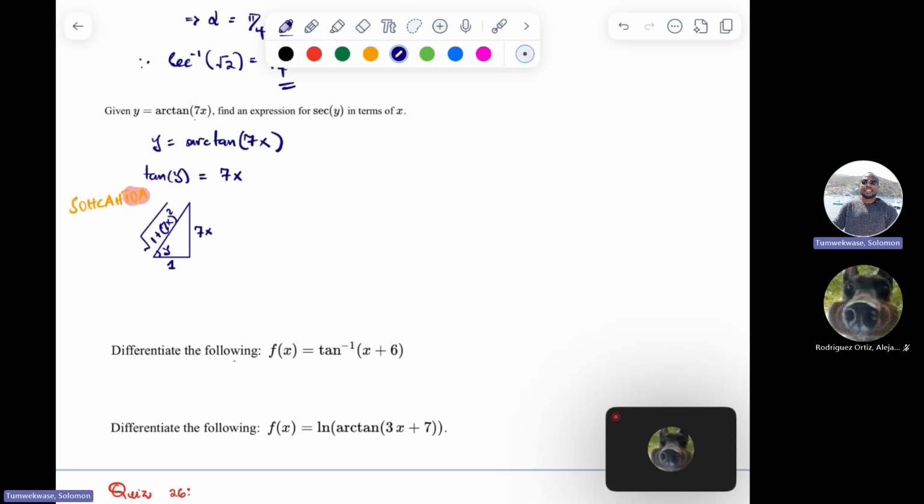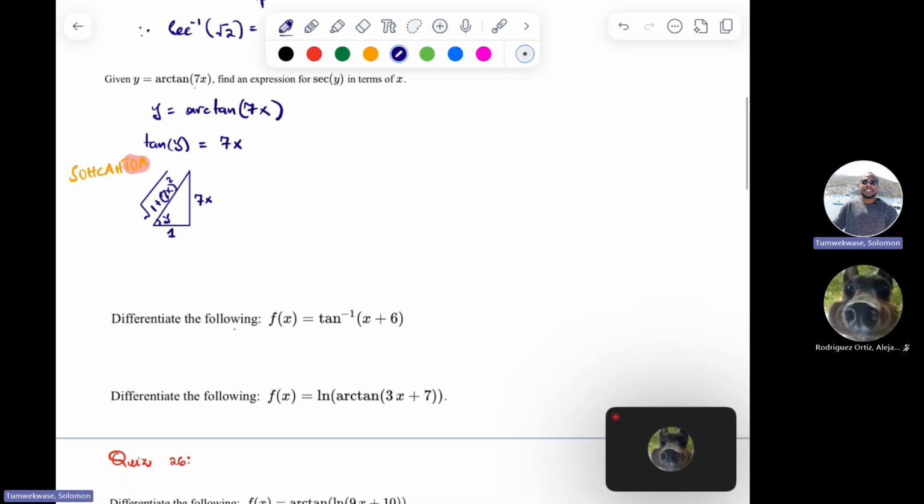Okay, now from here we can determine secant y, and secant y, like we said above, is the same as 1 over cosine y, and therefore I can find the expression for cosine y. Cosine y is the adjacent over the hypotenuse.